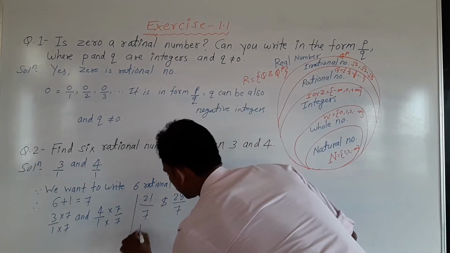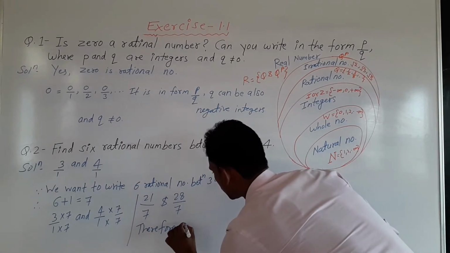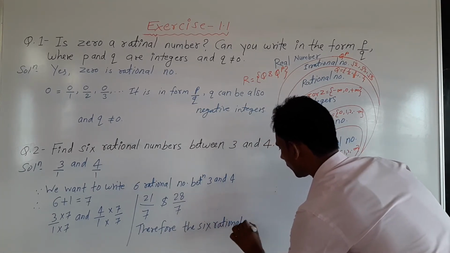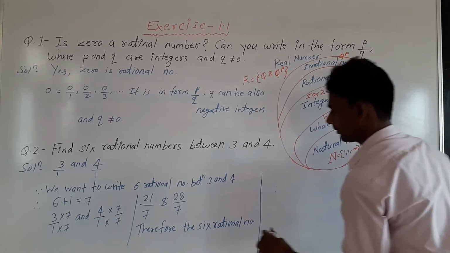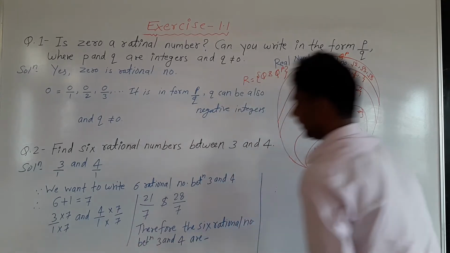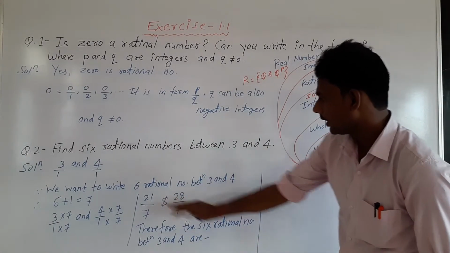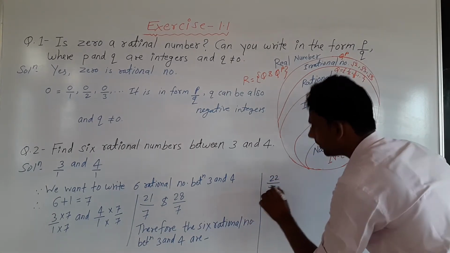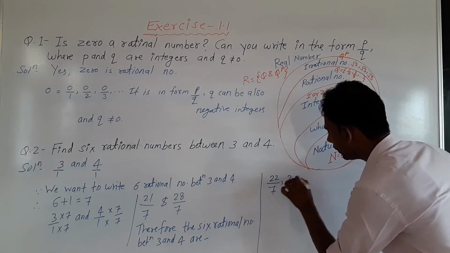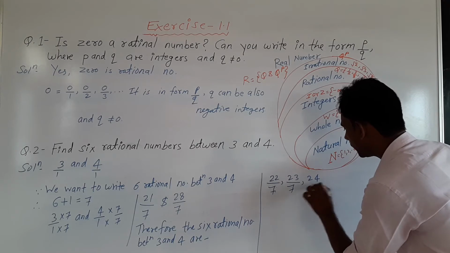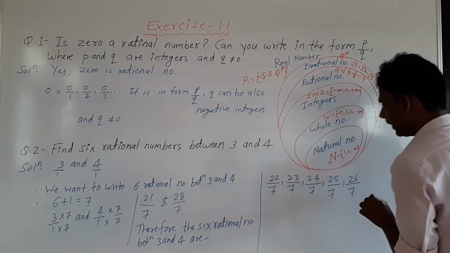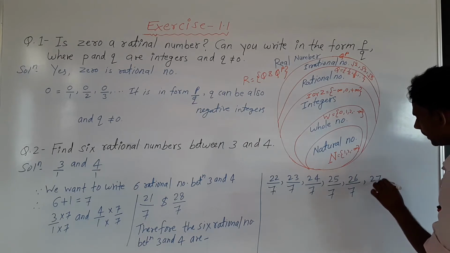So the 6 rational numbers between 3 and 4 are, between 21 and 28 you write 6 rational numbers. The first rational number will be 22 upon 7, 23 upon 7, 24 upon 7, 25 upon 7, 26 upon 7, and last, 27 upon 7.